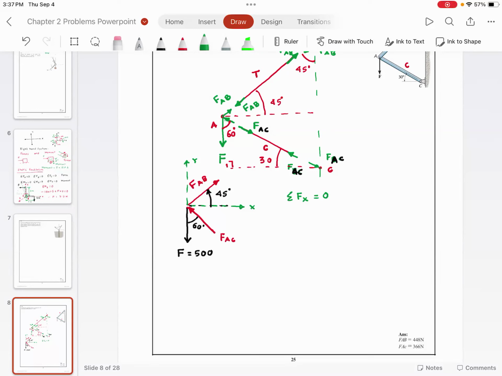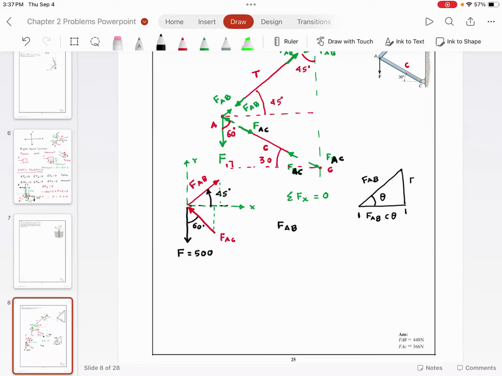Tell me, how do I find the component of FAB in the x direction and what would be its sign? How do you do components? Draw a vertical. So do you agree with me? I would have FAB cosine 45. Everyone okay with cosine? Is there anyone who doesn't understand why cosine? Because this is a right angle triangle. This is FAB. I want to find this one. This is going to be FAB cosine theta, if this angle is theta.